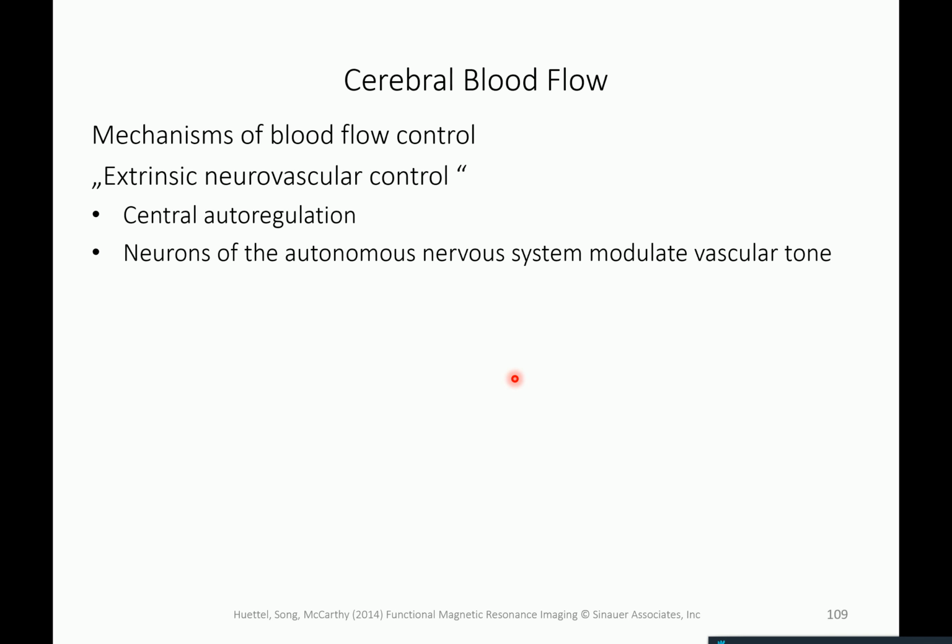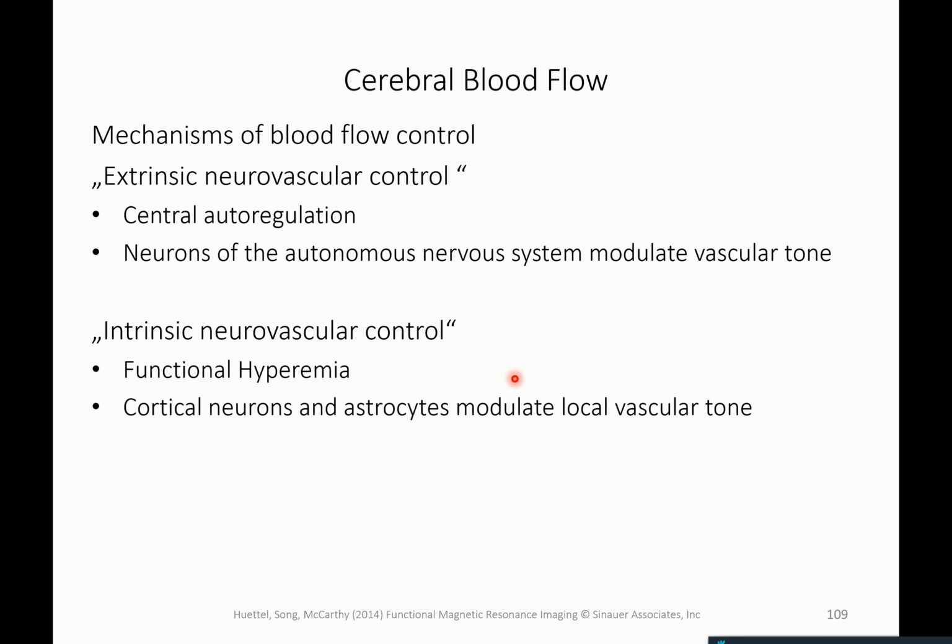There's also a different nomenclature about cerebral blood flow control that distinguishes extrinsic neurovascular control, which is based on central autoregulation and modulates vascular tone from the outside, from the notion of intrinsic neurovascular control, which is the control of blood flow from within the neural systems based on cortical neurons, astrocytes, and their metabolites, and which is closely related to functional hyperemia.